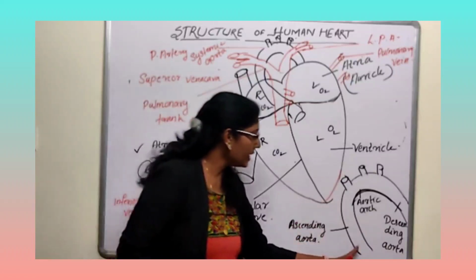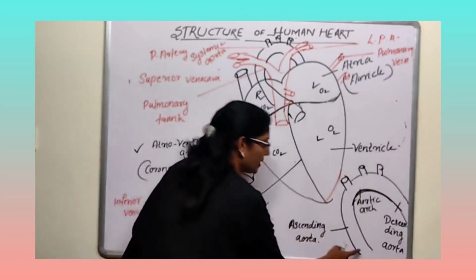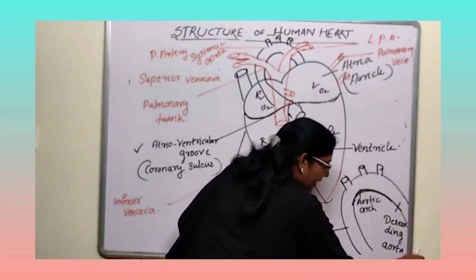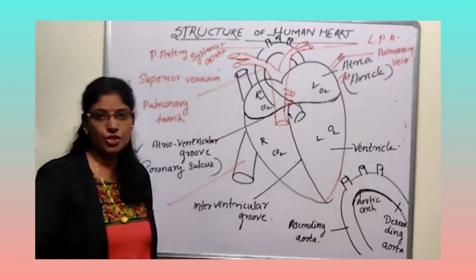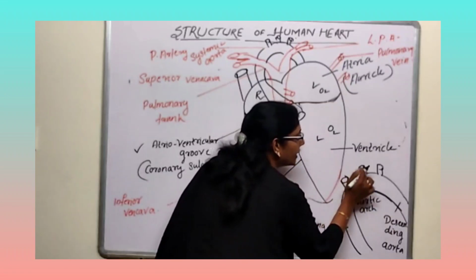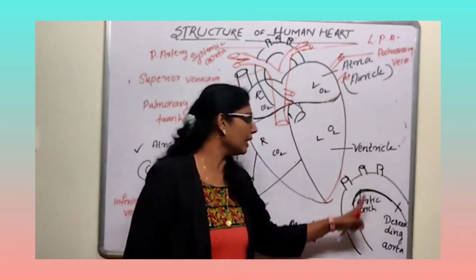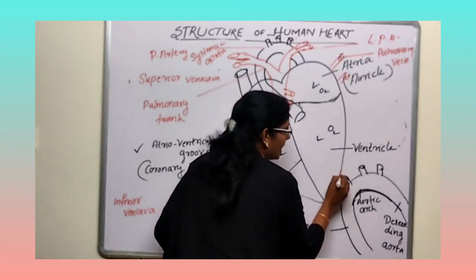Okay, mainly the systemic aorta consists of 3 regions. This one is called the ascending aorta. This is called the descending aorta, and the middle portion is called the aortic arch. Now this aortic arch again divides into 3 arteries. 3 arteries are starting from the aortic arch. Among that, the first one is this one.